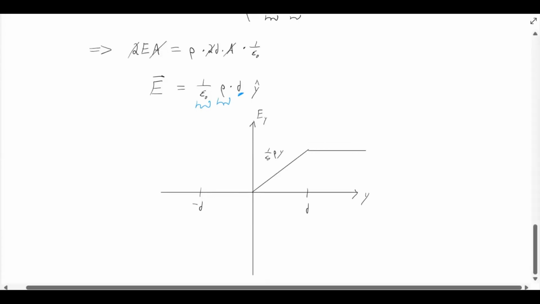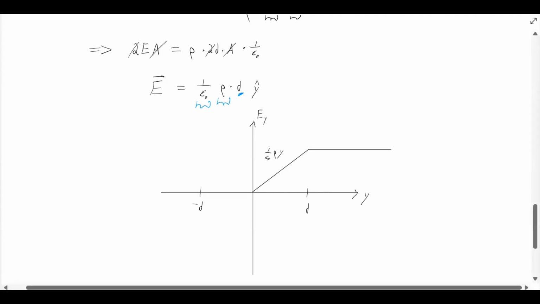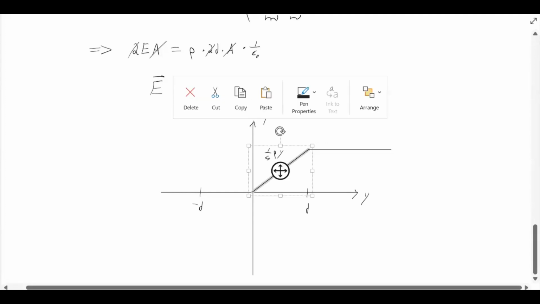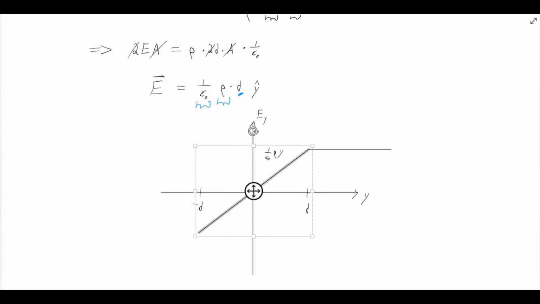So it'll be just a constant line that we are choosing to draw here. This can be extended down here, and once again, once it hits this negative d restriction, it'll be a constant line.